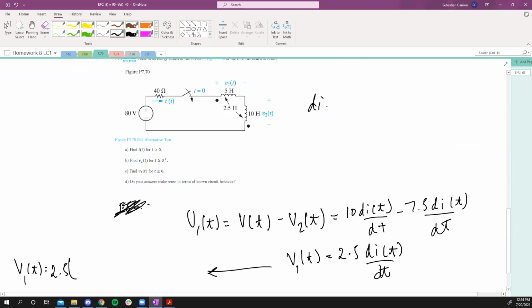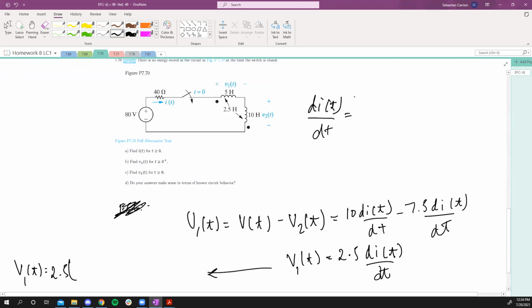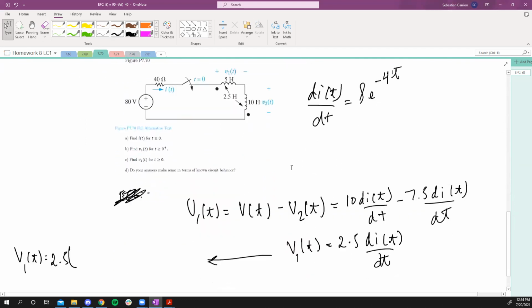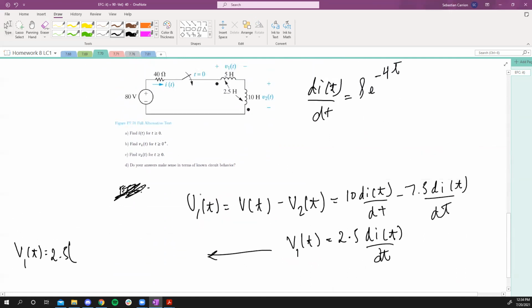So then v1(t) is going to be equal to 2.5 times, we want to find di(t)/dt, which is the derivative of i(t). So we get 8e^(-4t). 2.5 times 8 is 20.